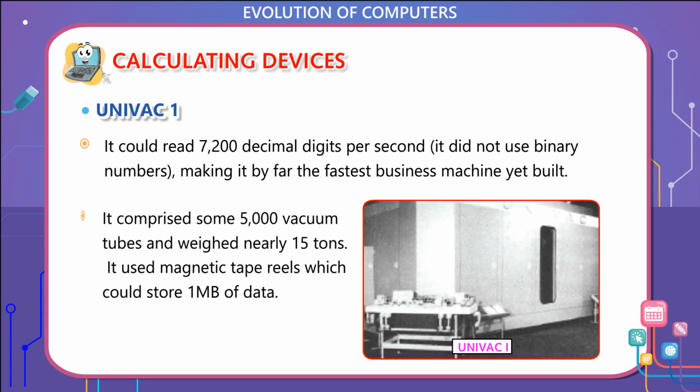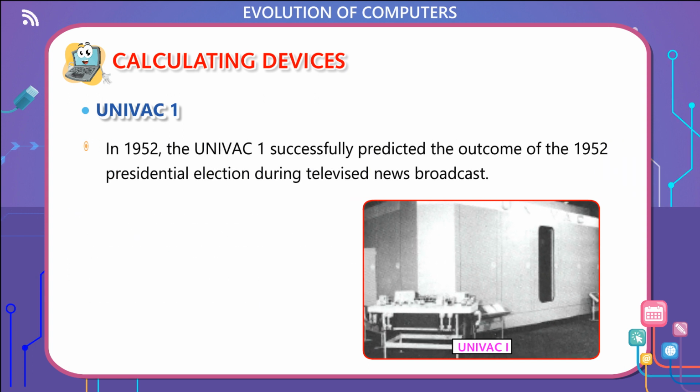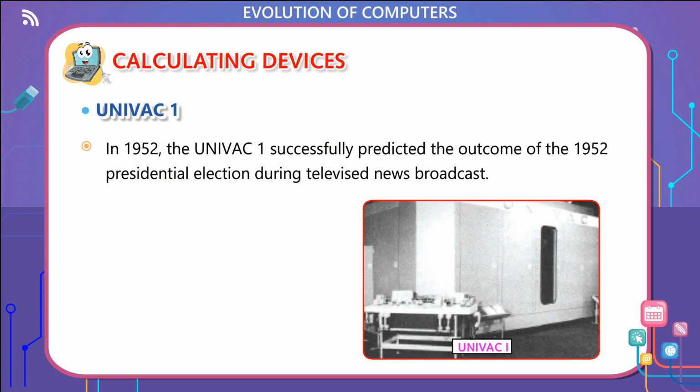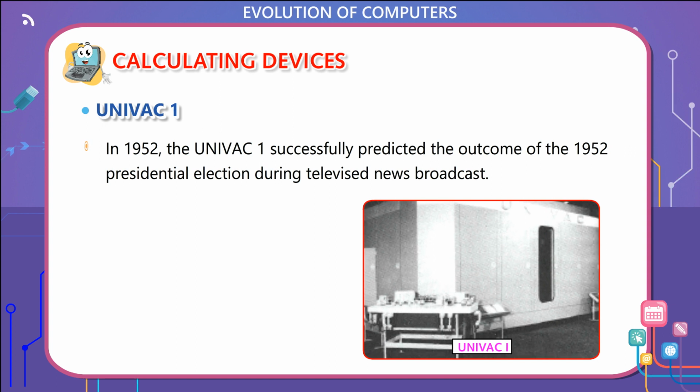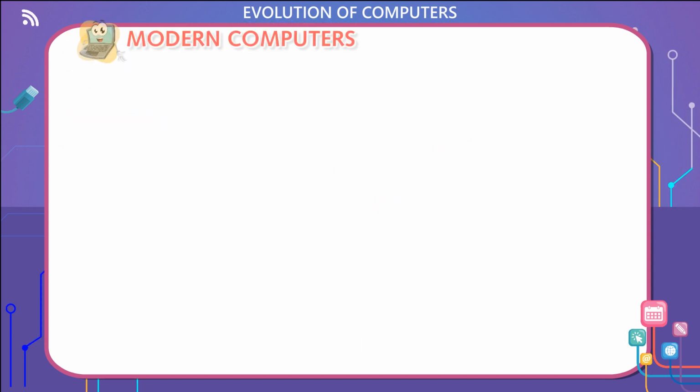It comprised some 5,000 vacuum tubes and weighed nearly 15 tons. It used magnetic tape reels which could store 1 MB of data. In 1952, the UNIVAC 1 successfully predicted the outcome of the 1952 presidential election during a televised news broadcast.